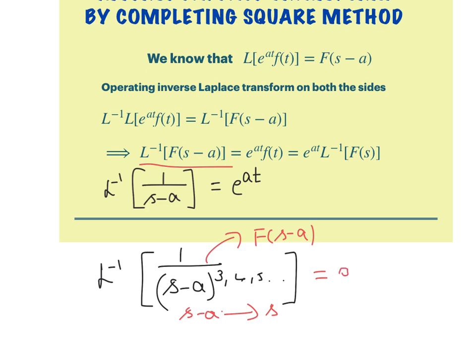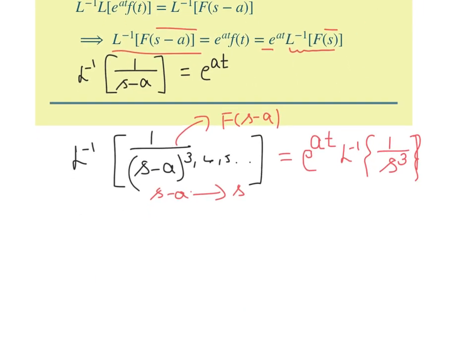Here it's a general form I have taken: e power at times inverse Laplace transform of f of s, meaning you are shifting s minus a to s. In our problem it is 1 by s cube. Then you know how to write the result of inverse Laplace transform of 1 by s cube. It is t square by 2 factorial.